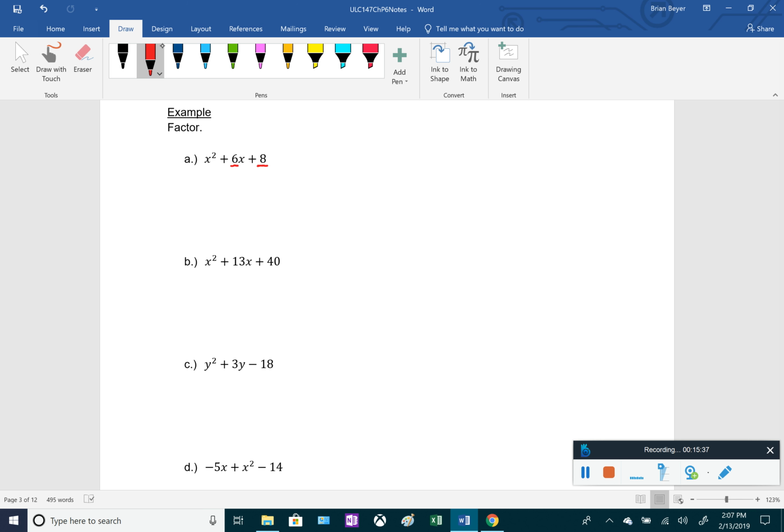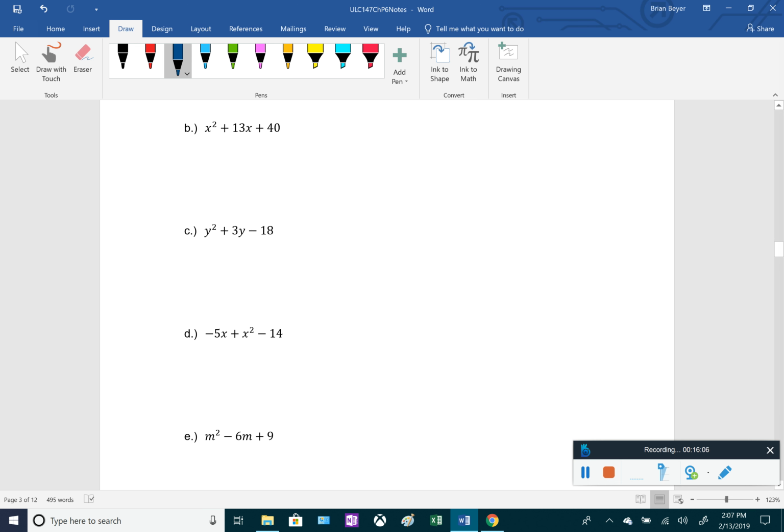Two numbers that do this are 4 times 2 equals 8 and 4 plus 2 equals 6. So we're going to factor it as x plus or minus something times x plus or minus something, and the numbers are going to be x plus 4 and x plus 2. If you weren't sure, you just take it and FOIL it back out and make sure you get what you started with.